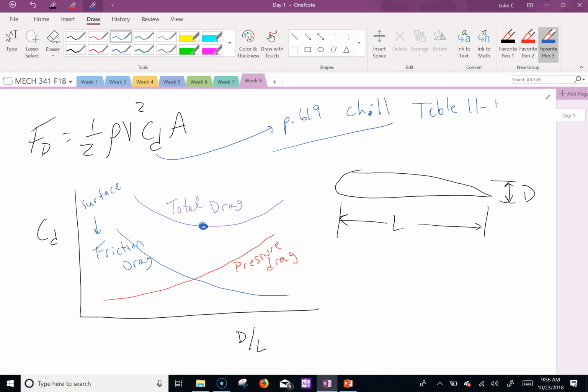The turbulent one actually changes to 0.2 all the time. Any questions regarding this?